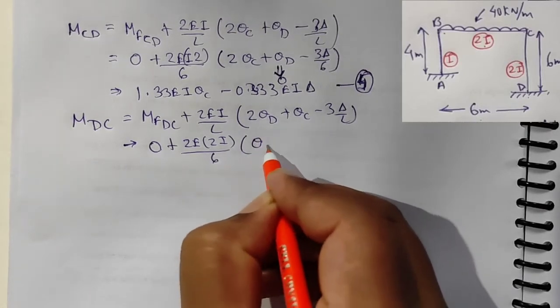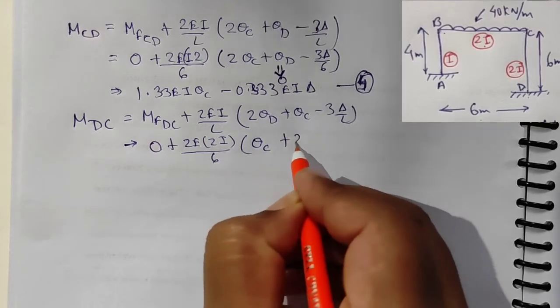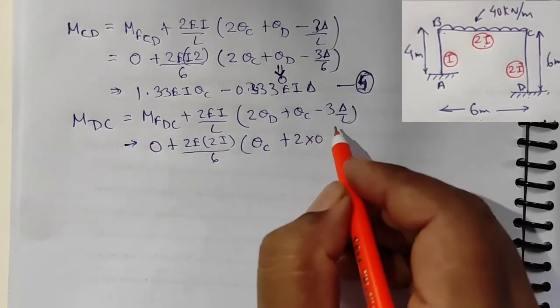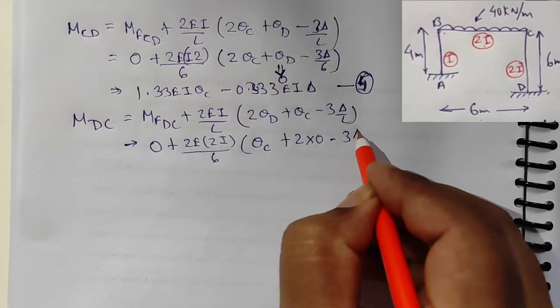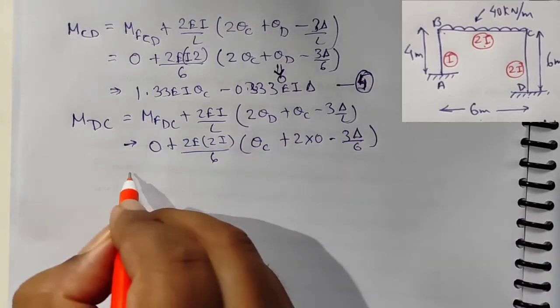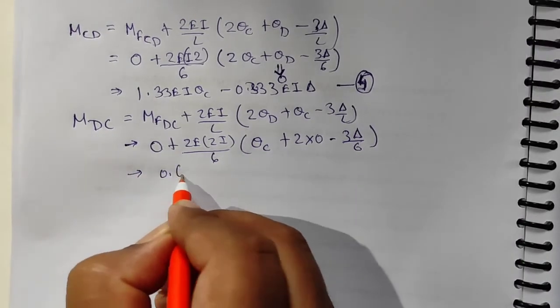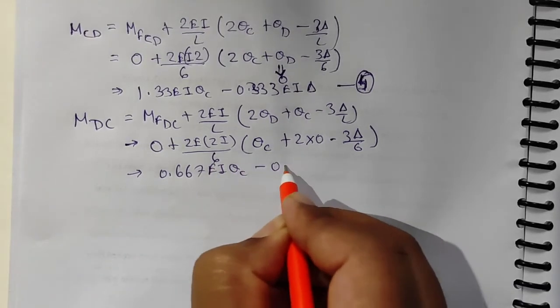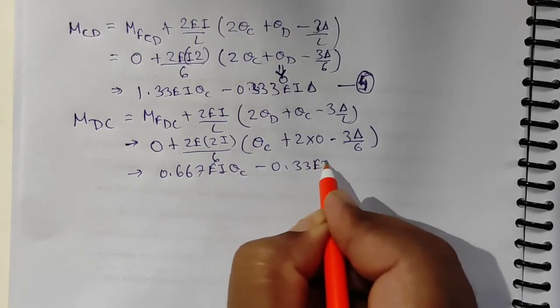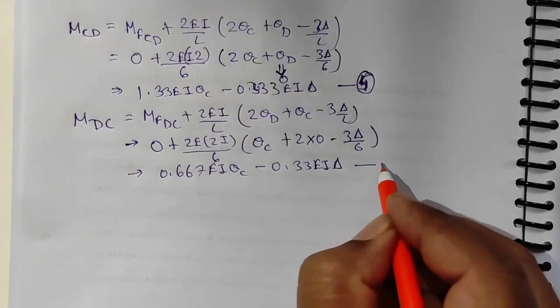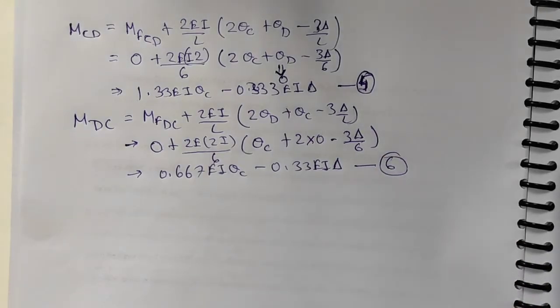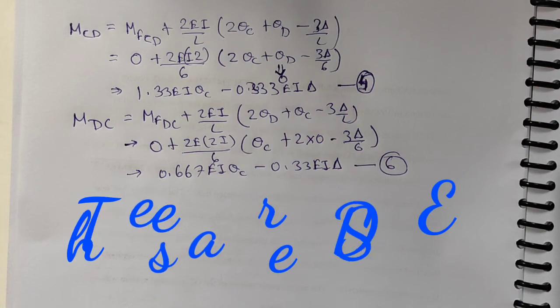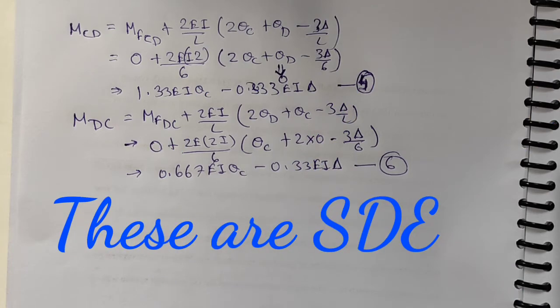Again we'll put the value of theta C plus 2 theta D, which will be taken as 0, minus 3 del upon 6. After solving, I will get the value as 0.667 EI theta C minus 0.33 EI del. Now I will label it as equation number 6. In this way we can solve all the values for slope deflection equation.